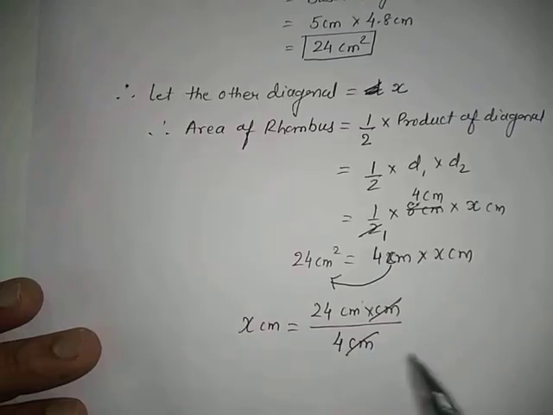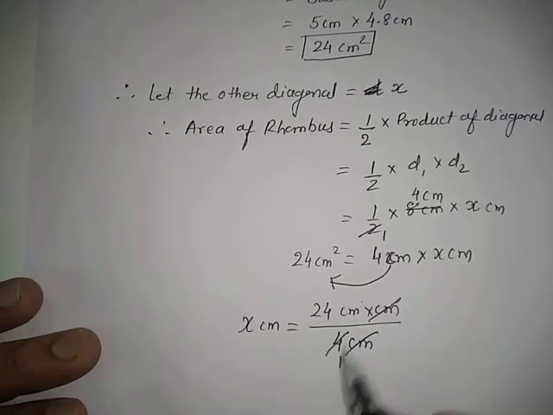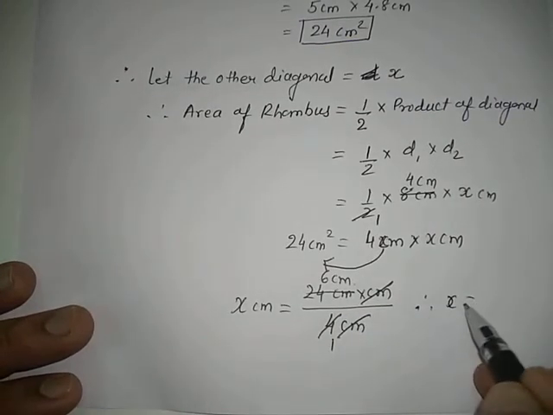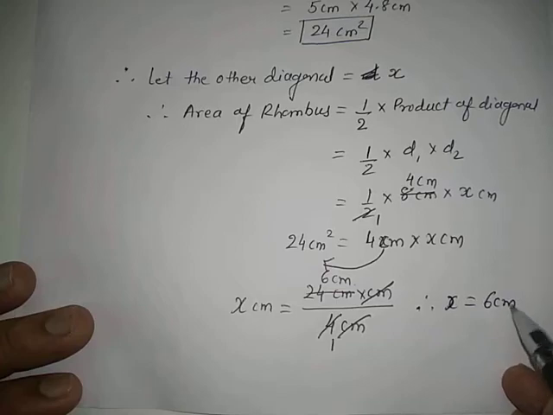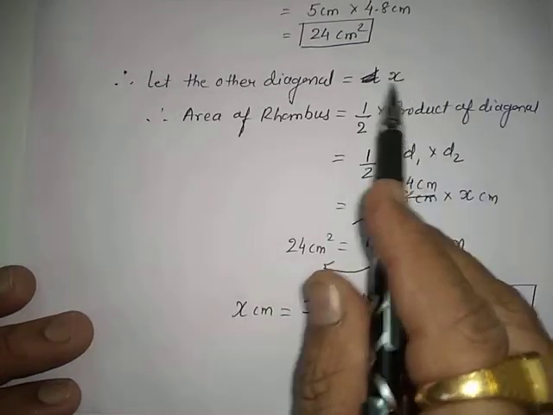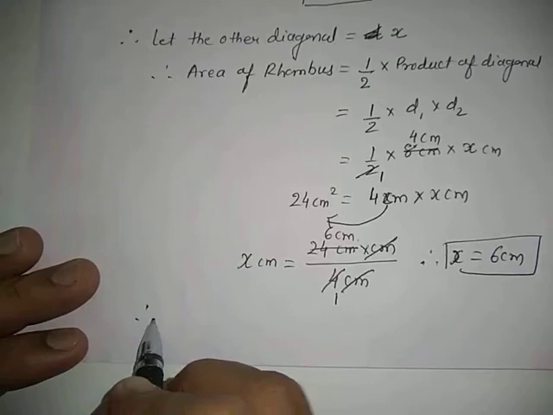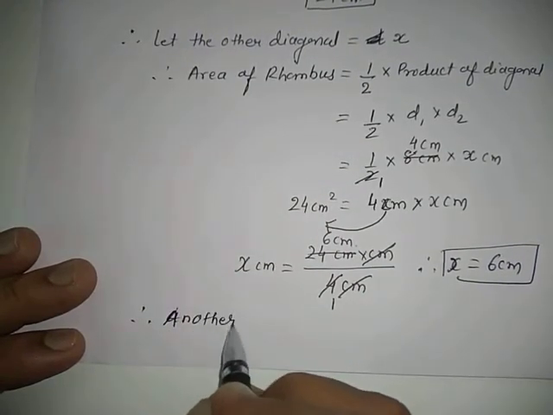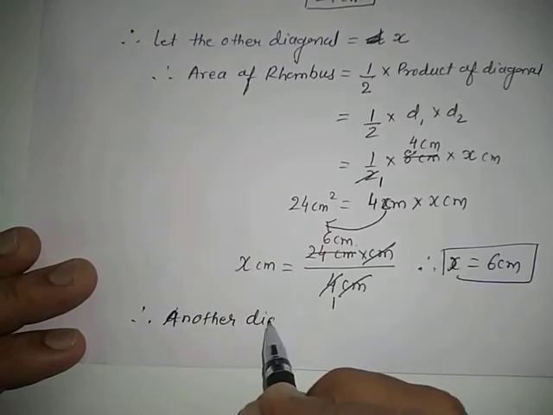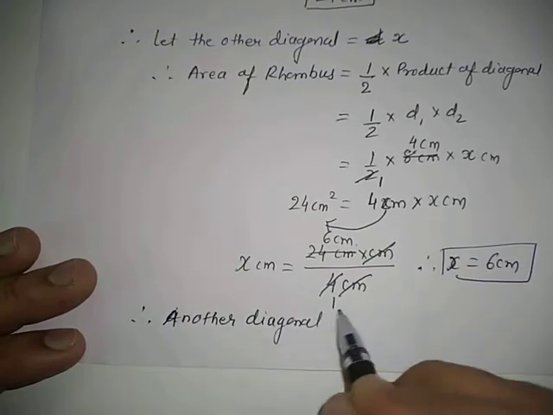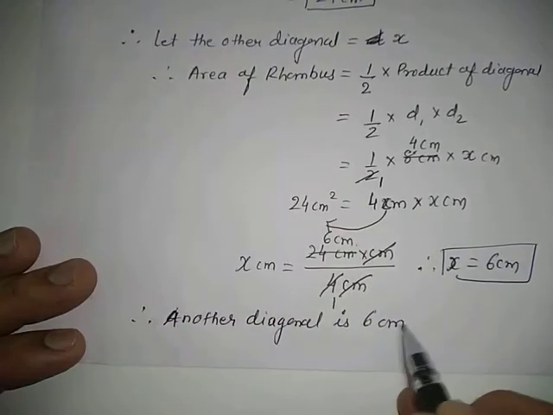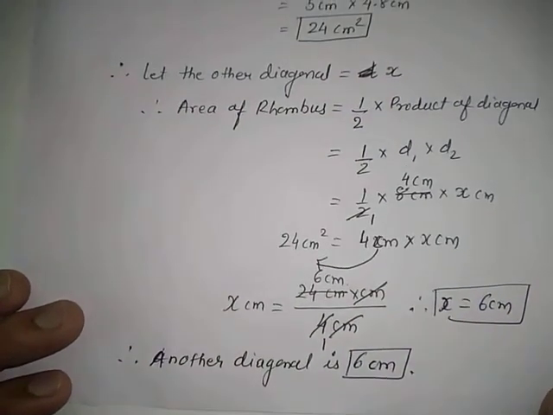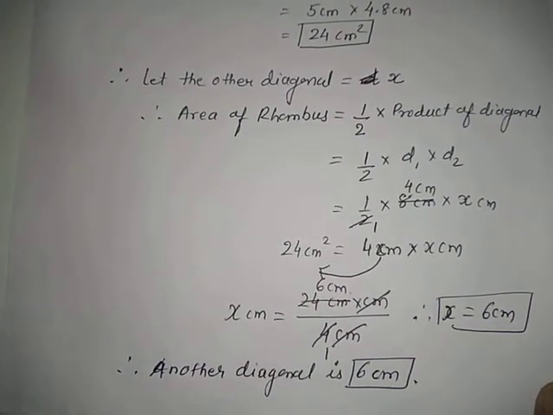So centimeter gets cancelled. 4 sixes are 24. Therefore x is equal to 6 centimeter. x we have already taken as the other diagonal. Therefore we can write the other diagonal is 6 centimeter. Hope so, clear? We proceed for the next sum.